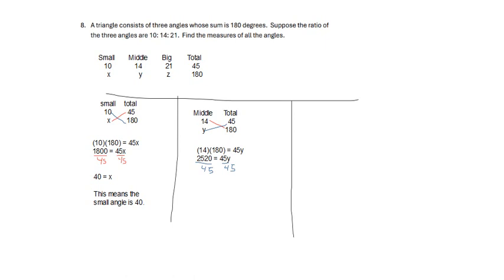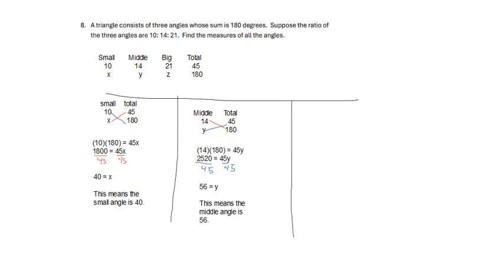So let me write that out. So this means the middle angle is 56 degrees. All right, and finally, we're going to do it for the big angle. So let's take a look.